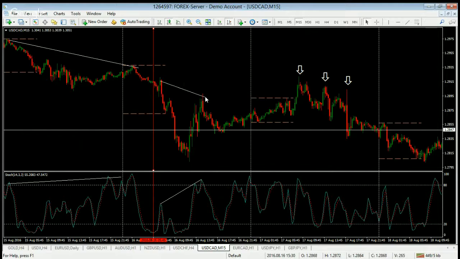So this is a nice swing. Actually, let's see. This is the high. So see the eye. See this small eye here.